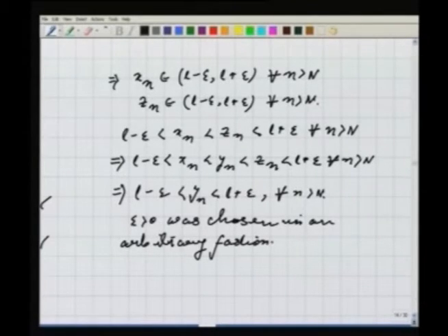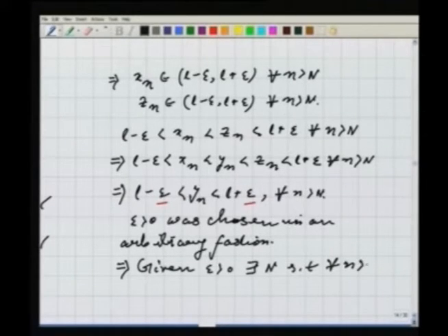What I want to say is, it does not really matter what epsilon you choose, whatever I have gone through so far actually works. That means I have proved that given epsilon bigger than 0, there exists capital N such that for all n strictly bigger than capital N, modulus of yn minus L is less than epsilon.